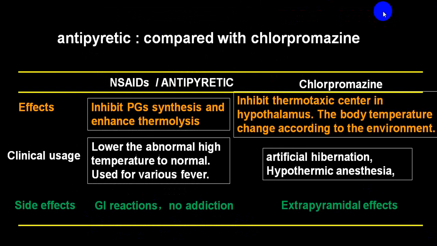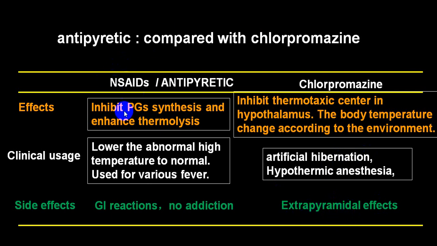Now, if you compare the two, chlorpromazine is one of the drugs which is utilized in children for reducing temperature. So NSAID and antipyretics are mainly for reducing temperature irrespective of the etiology, but particularly in a person who has hyperthermia, chlorpromazine is a better drug, but in children, do keep it in mind, it can have extrapyramidal side effects.